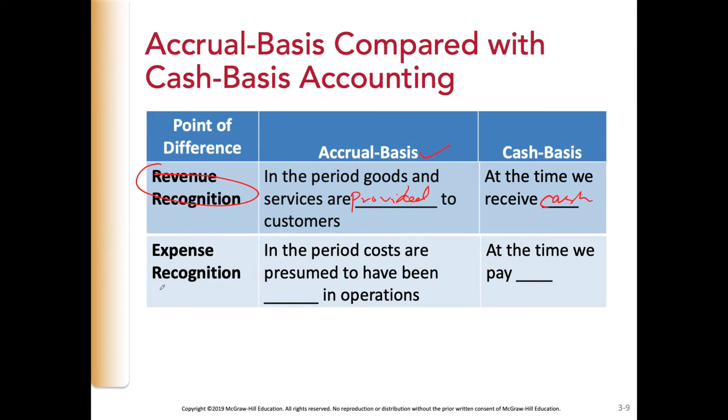And for expense recognition, under accrual-based accounting, we record the cost in the period the costs are presumed to have been used. Regardless of whether we have spent the cash, as long as it is presumed to have been used, we record the expense. An example is depreciation expense.